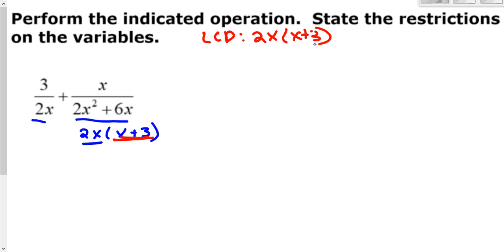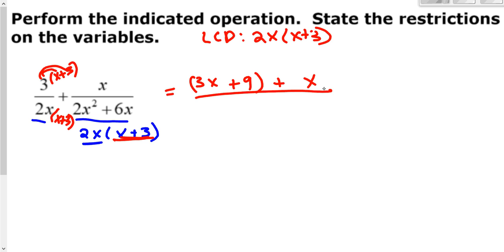So since that expression on the left is missing x plus 3, I need to multiply the top and bottom by x plus 3. So we get 3x, 3 times 3 is 9, plus 9, plus x over our LCD, 2x times x plus 3.